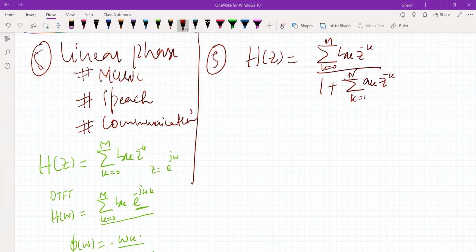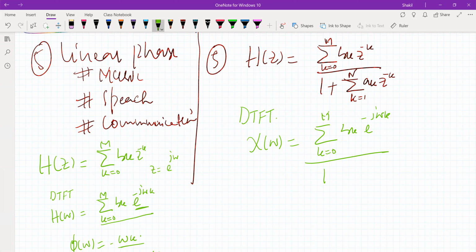We can obtain the discrete time Fourier transform of this, H of omega, by substituting z equal to e raised to the power j omega.